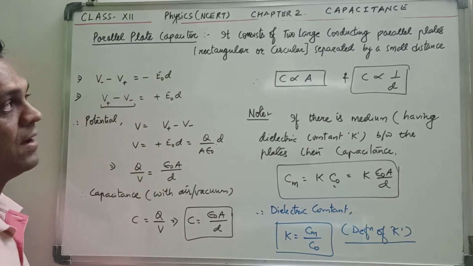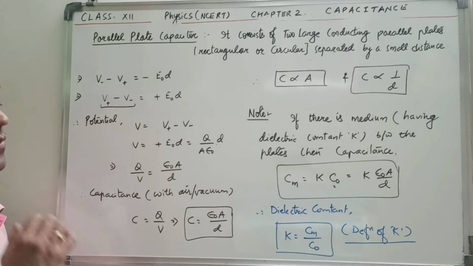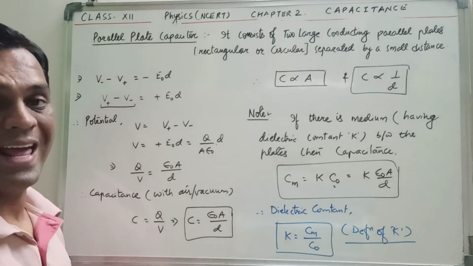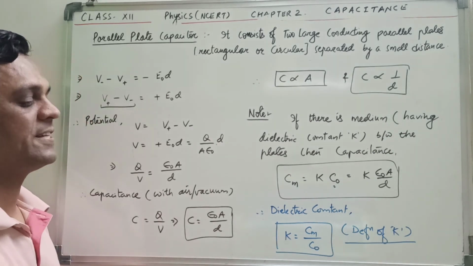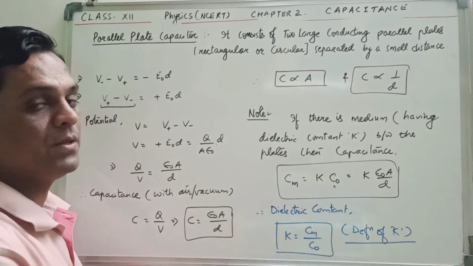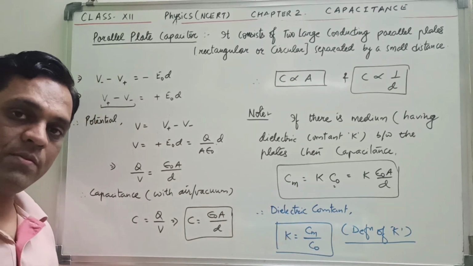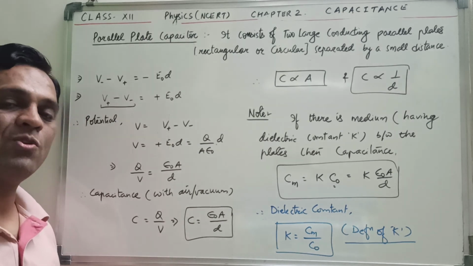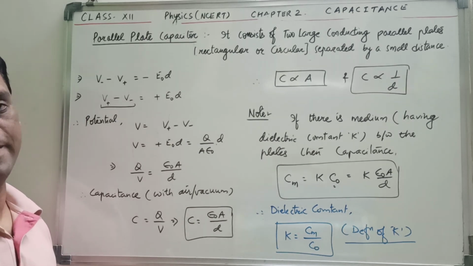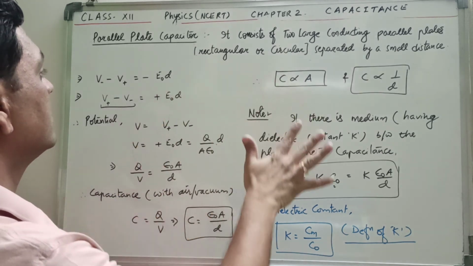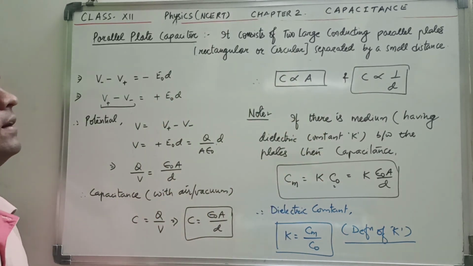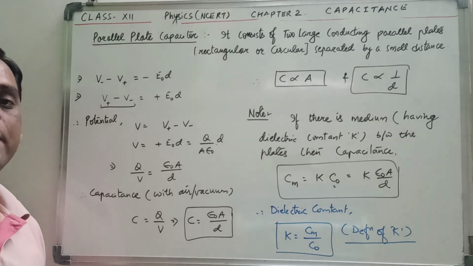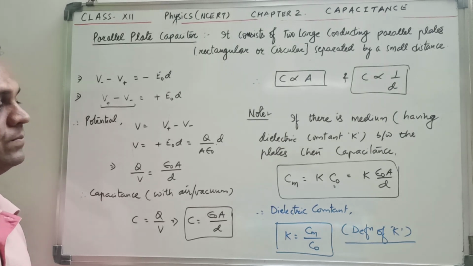So sometimes they can ask you to give the definition of dielectric constant in terms of capacitance. And this will be the ratio of the capacitance when there is a medium between the plates to the capacitance when there is air or vacuum between the plates of the capacitor. Correct? So this is how we calculate the capacitance of a parallel plate capacitor. Correct? Thank you.